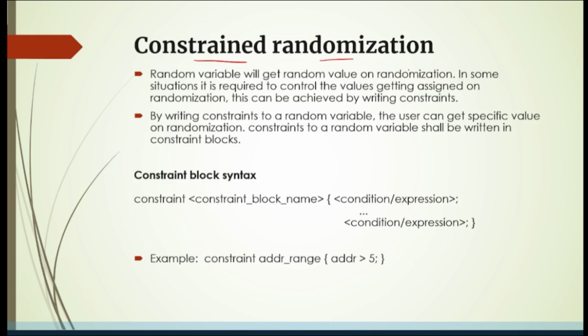And now coming to today's session, which is constraint randomization. Before going into the specifications about what randomization is and what constraint randomization is, let me give you a small example of why we need constraint randomization, and in what cases we need these constraints. For example, let us consider a variable, address, which is of 3-bit width.